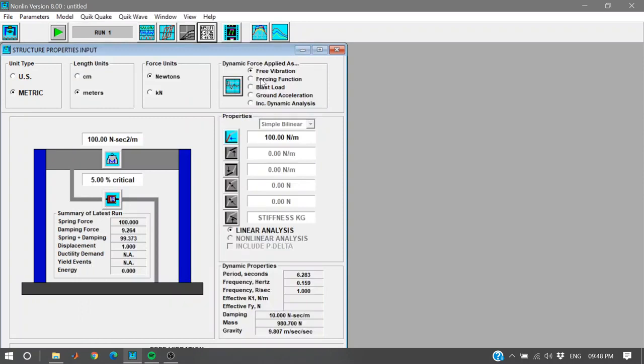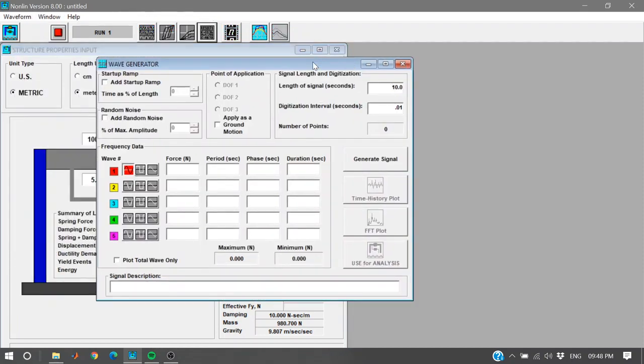Now another option which is available to us is forcing function. If I select this forcing function here and again press this button, a new window pops up. Here I can define the different forcing functions that I want. That means I can select a sine wave or a square wave or a triangular wave, and there are a total of 5 wave functions which we can define.